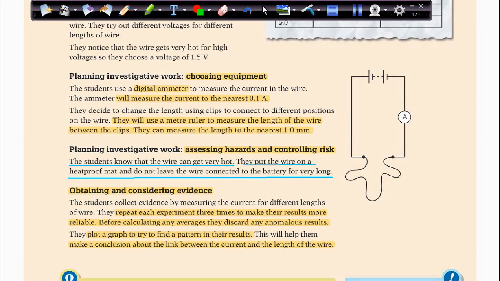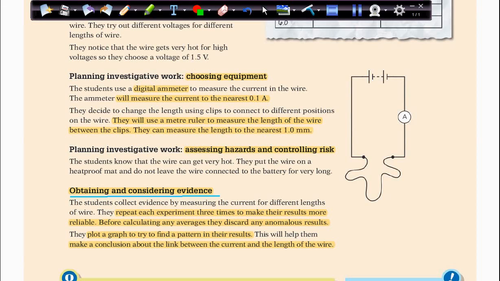Okay, what about obtaining and considering evidence? How can we obtain and consider evidence? In our inquiry lessons and in our lab lessons before, we talked about how we can collect evidence and how we can make our results more reliable. This is very important.